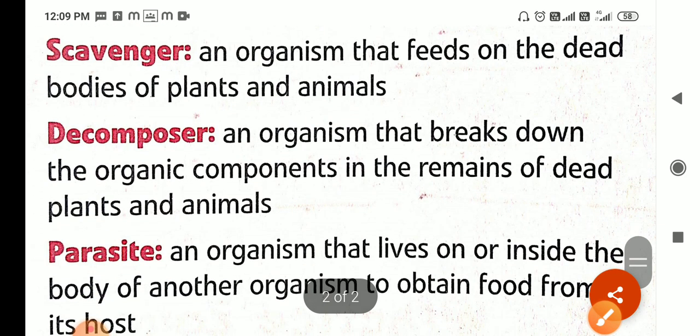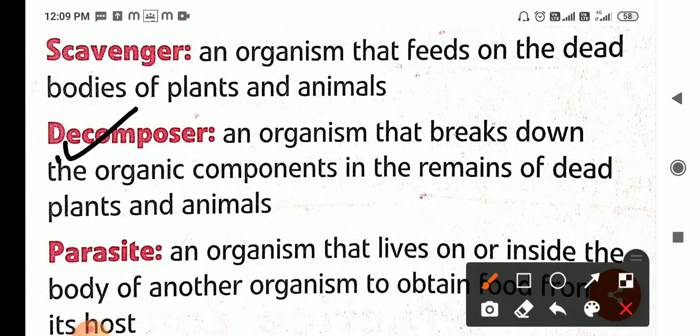Okay, now next is decomposer. So decomposer is an organism that breaks down the organic component in the remains of dead plants and animals. It means, or in other words, we can say decomposers are the organisms which break down the dead and decaying matter into the nutrients which are used to make that particular material.